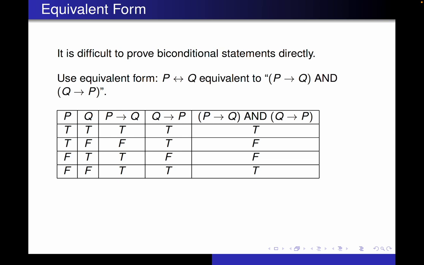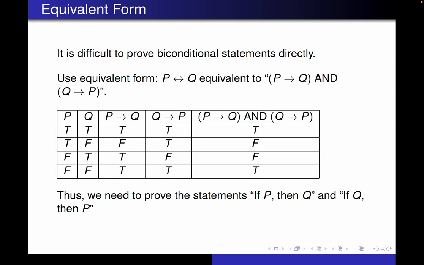And that's why you have the T on the top and T on the bottom. And in the other two situations, one of those is true and one is false, so you get false. Right? And if you look carefully, it's exactly the same truth table we had for P if and only if Q. All right, so thus, if we want to prove a biconditional, then we have to prove the statements if P then Q and if Q then P. So that means we have to have two proofs for proving one biconditional statement.